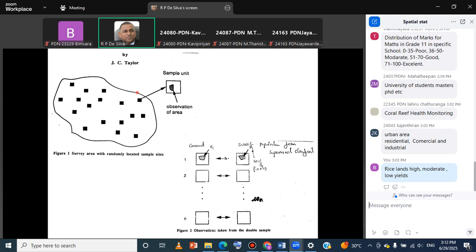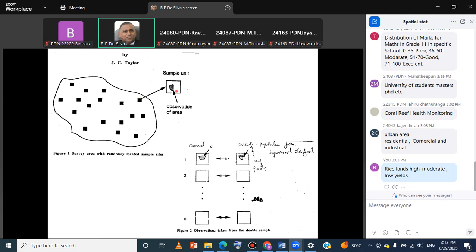But we cannot find the exact area unless we do a complete survey of the area. We cannot find this. But we can get a fairly good idea if we take some samples, select sample areas, visit those sample areas with the GPS and then mark the area under paddy.